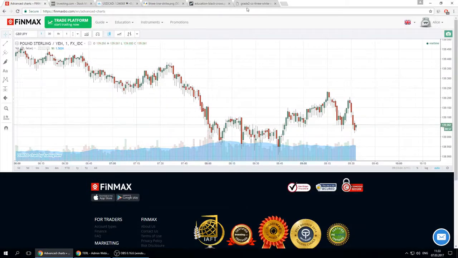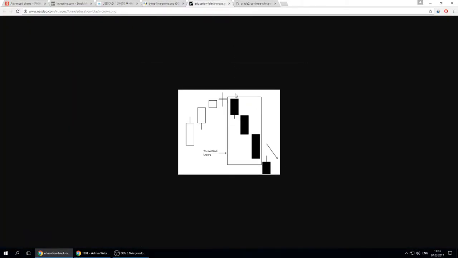As you see, they usually appear on the top of the trend, and that's the trend reversal pattern.